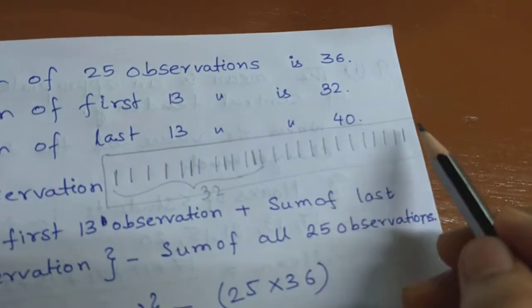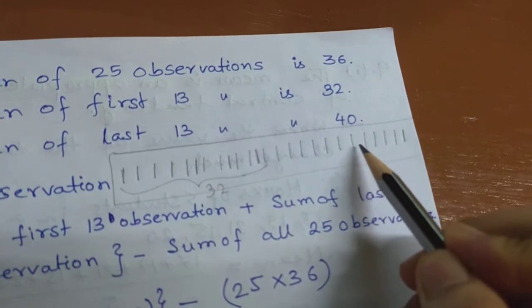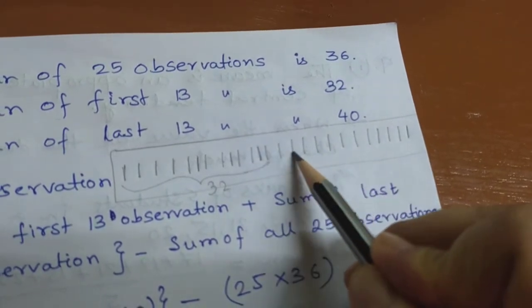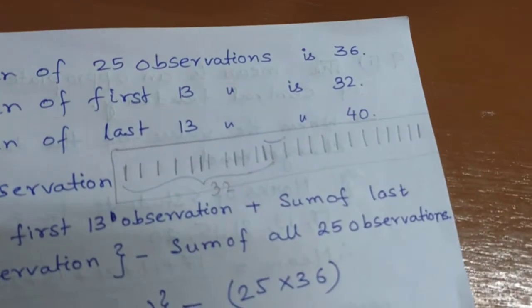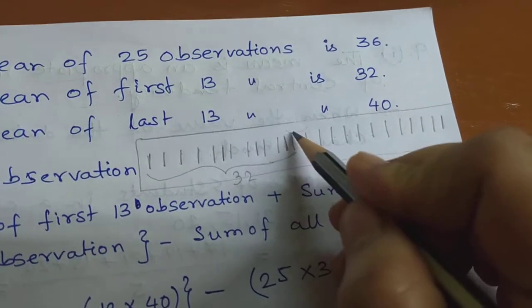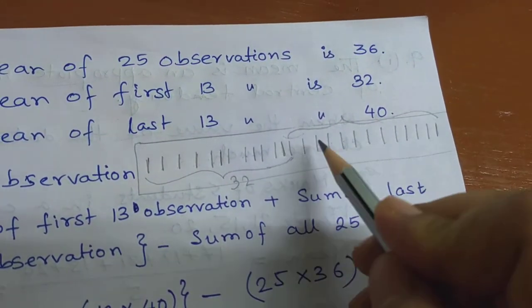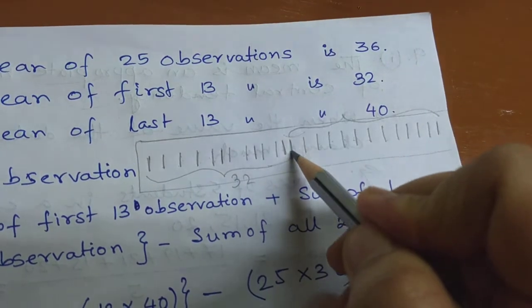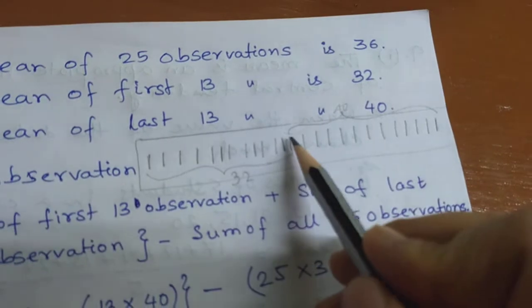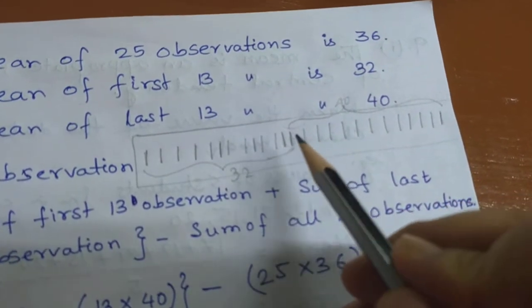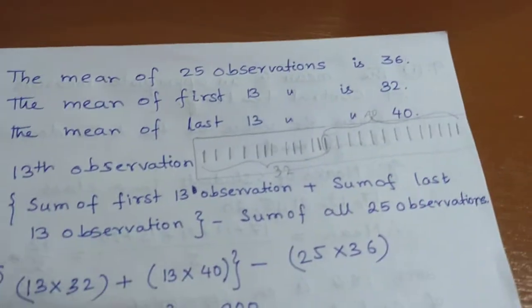And the last 13, that means from the last there are 13 observations, 1, 2, 3, 4, 5, 6, 7, 8, 9, 10, 11, 12, 13, and the mean of these is 40.